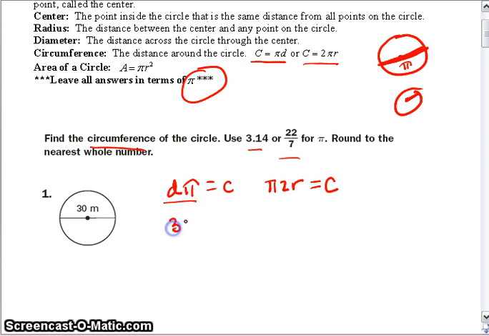So 30 pi would be the answer for the circumference in terms of pi. Now, if I wanted to use 3.14, I could create an approximation, which would be 30 times 3.14, or 94 meters. That would also give me the circumference. But this one is an approximation, whereas the other is not.